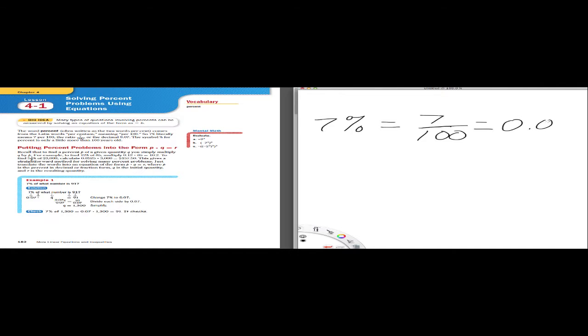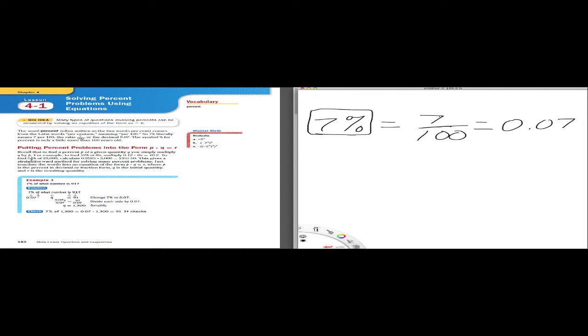So when we write something, like here we have this 7%, that is equivalent to 7 divided by 100, or 7 per 100. It's also equivalent to 0.07, which is 7/100ths.